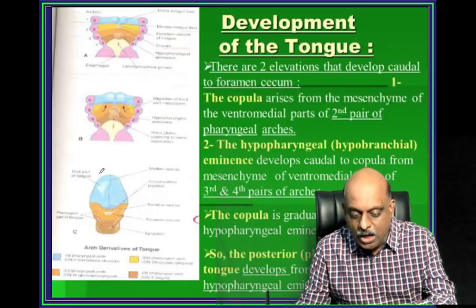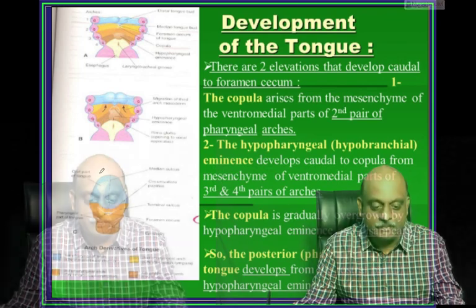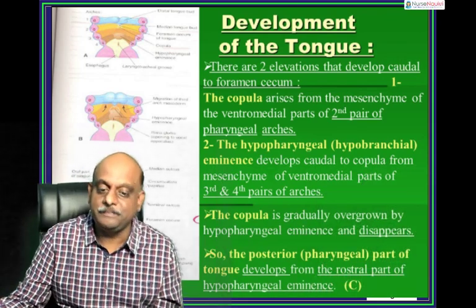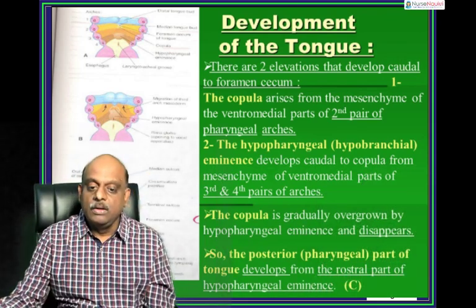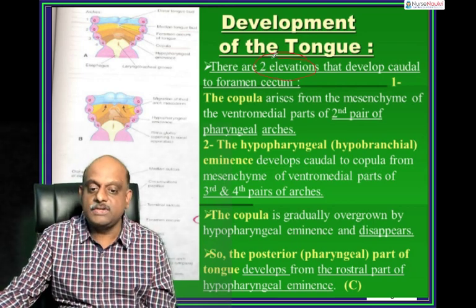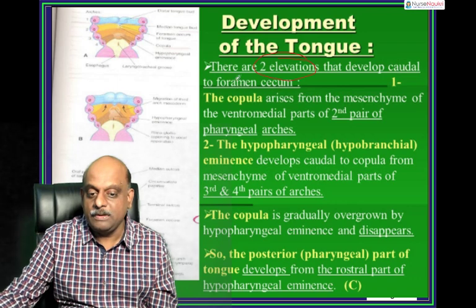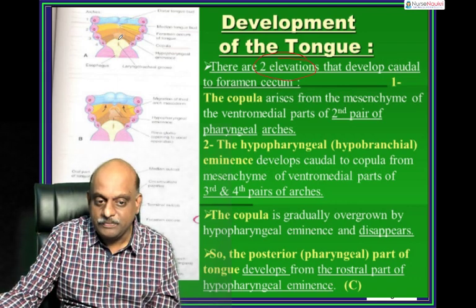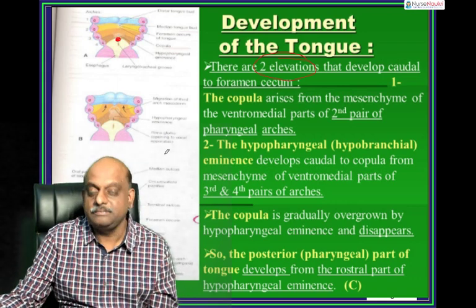So, how is the tongue developed is a very important question. Fundamentally, there are two elevations that develop caudal to the foramen cecum.